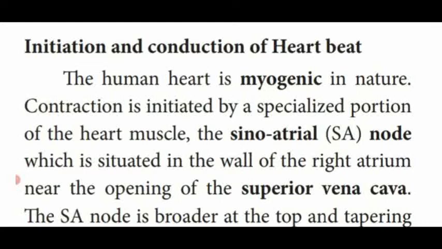The sinoatrial node, SA node, is situated in the wall of the right atrium near the opening of the superior vena cava. So the right atrium of the heart contains a small node known as the sinoatrial node, located near the opening of the superior vena cava.